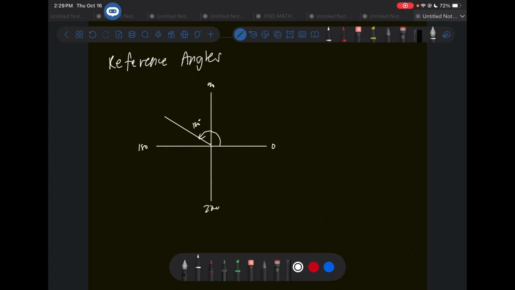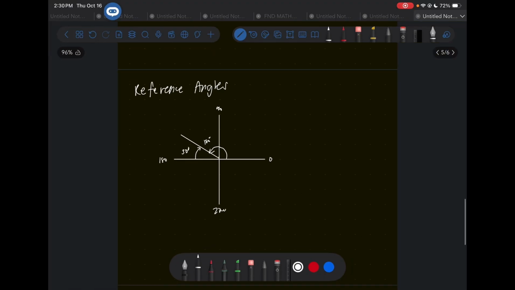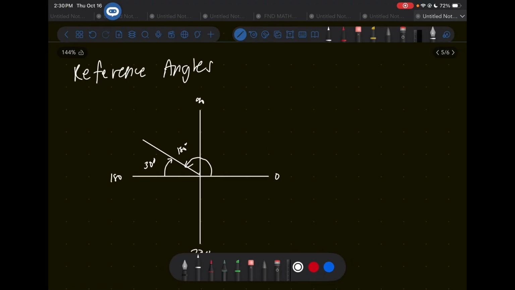So basically, you're just going to get the reference angle. What's the reference angle of 150? That's 30. From then on, you can just refer to our left-hand rule. Let's begin with cosine, I guess that's the x.